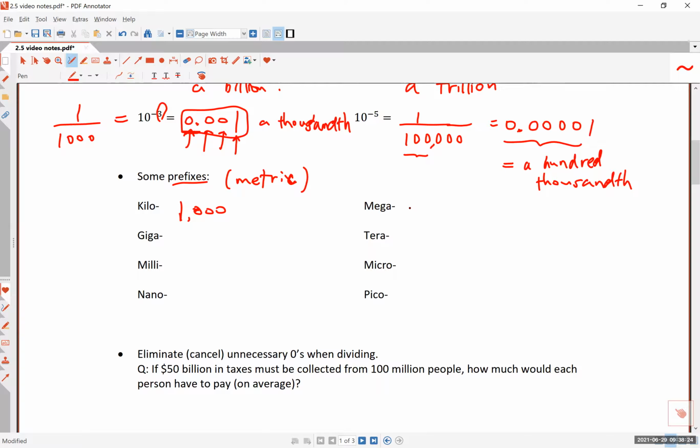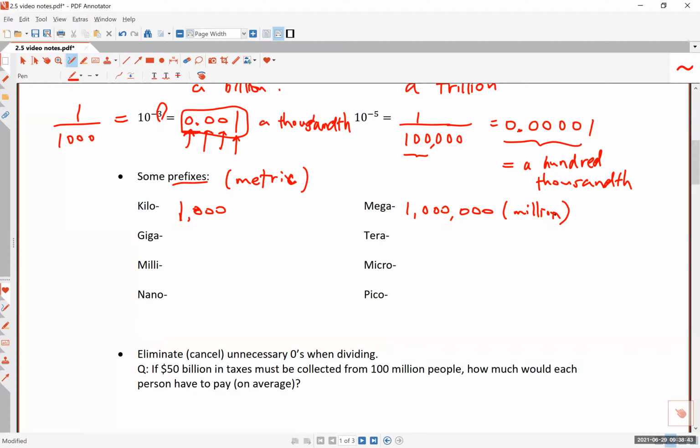And it's good if you remember these prefixes because they represent a particular number. A mega, okay, mega doesn't just mean something really big, like a mega store or a mega church, right? A mega specifically means a million. And so a megabyte is a million bytes of data in computer language.